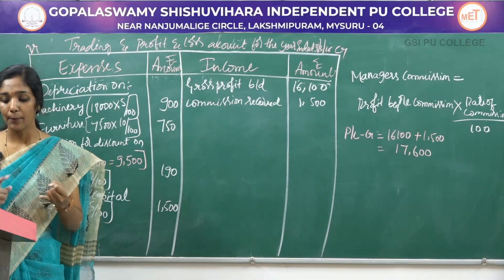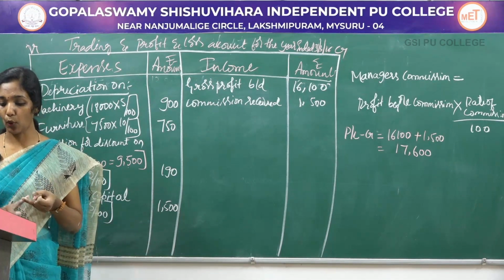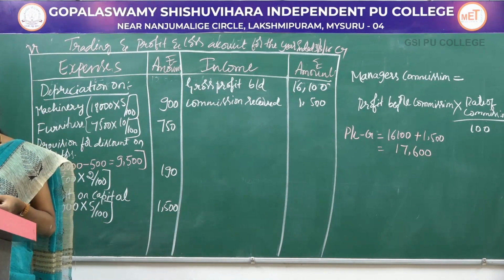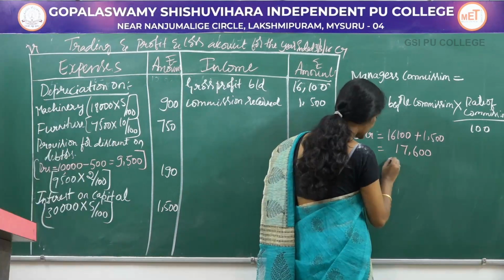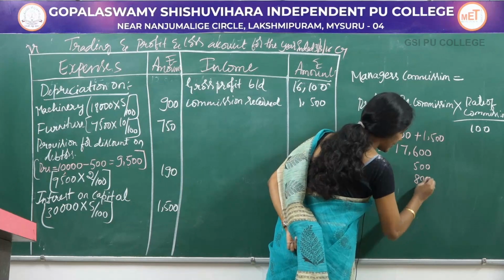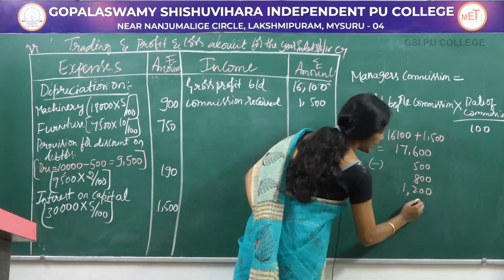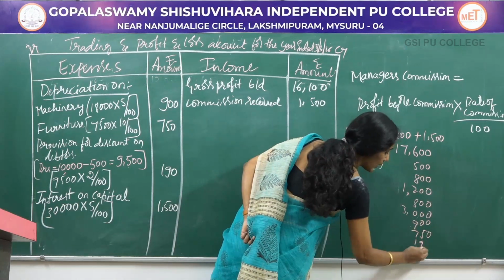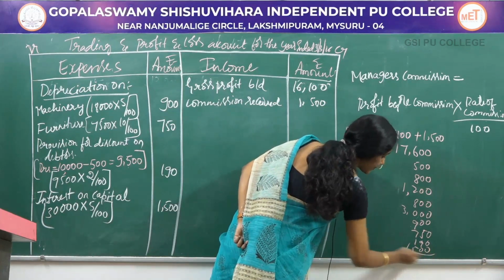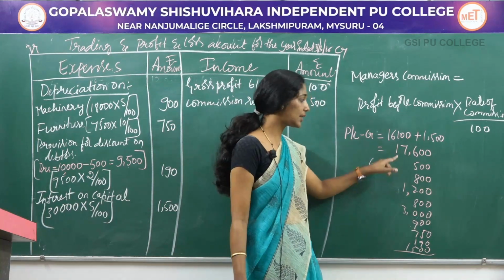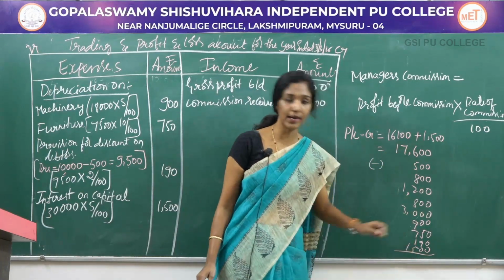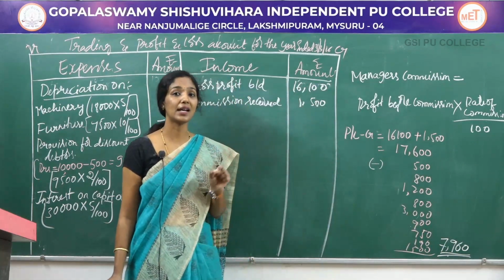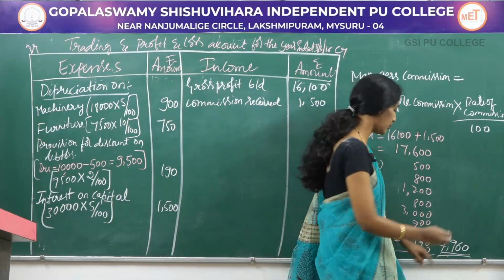That is salary, bad debts, printing and stationery, postage, advertisement, depreciation, provision for discount on debtors and interest on capital. So you have to deduct 500, 800, 1,200, 800, 3,100, 750, 190, 1,500. When you deduct all these amounts from the 17,600, you will get 7,960. So this is nothing but profit before charging such commission. So now apply to the formula.